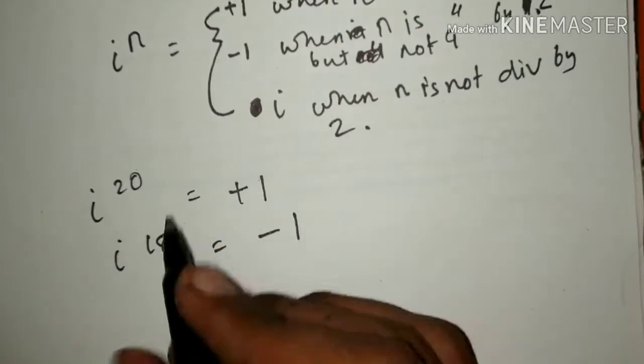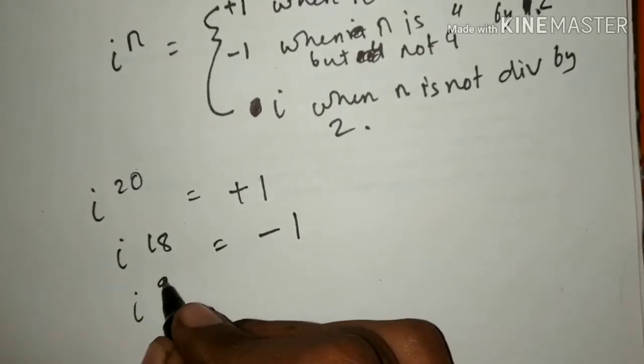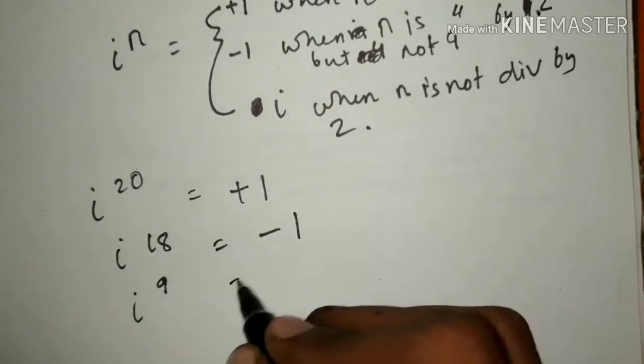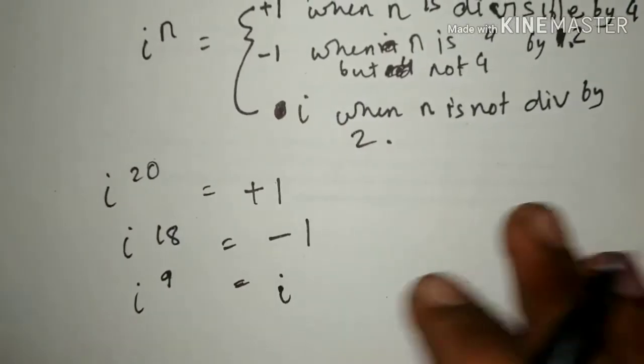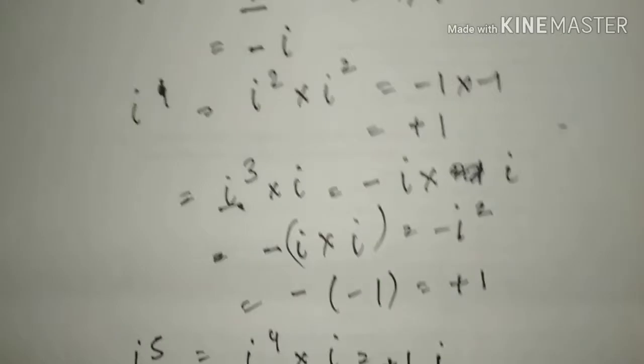Now if you say a number which is not divisible by 2, that is i to the power 9, then that's equal to i.